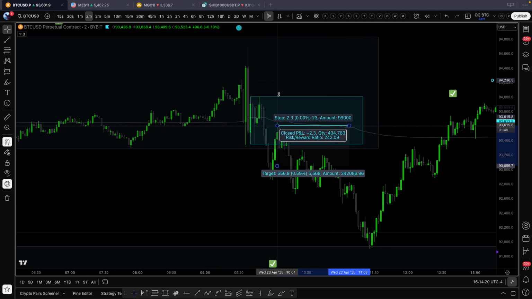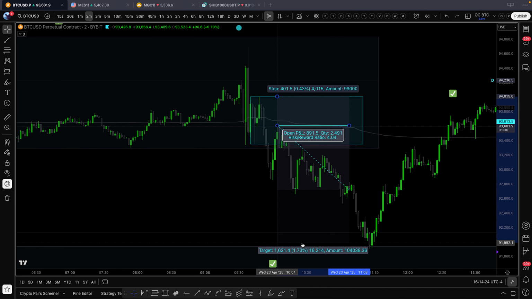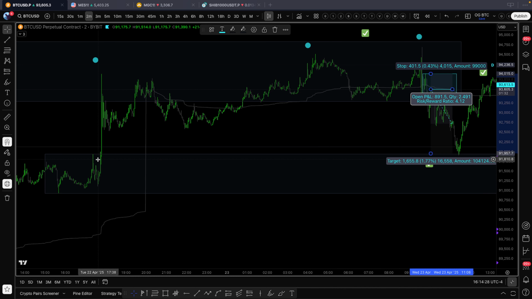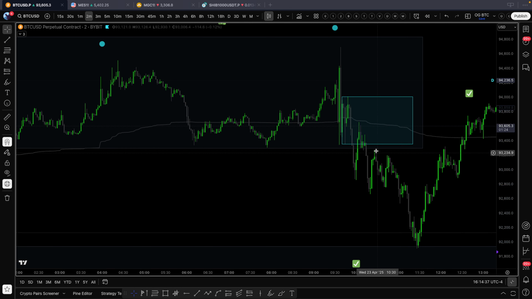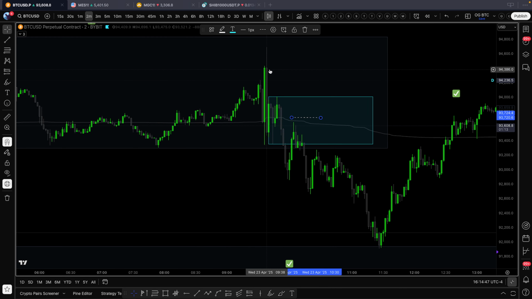So we had our entry here. I put the stop loss here and then targeted down to this low. And we had this demand on our chart as well. So it was a 4R trade, and I de-risked that trade very, very quickly. Basically, what I like to do is follow my structure down. Let's make this solid.